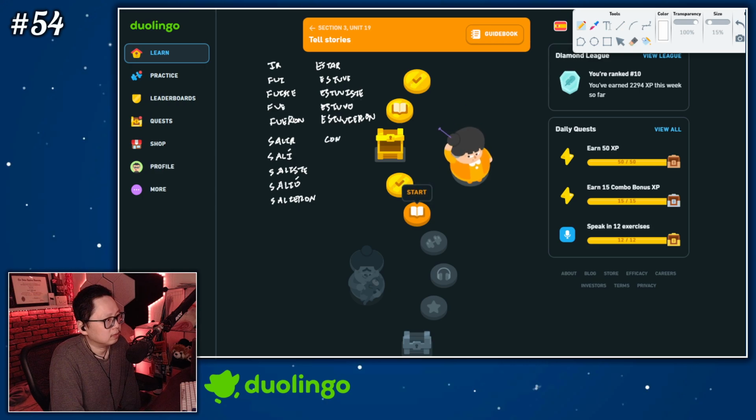Then we can use comer. Comí. Comiste. Comió. And comieron. And we need an AR verb. What do we have? Let's do estudiar, I suppose.